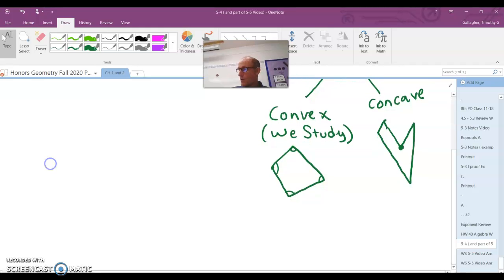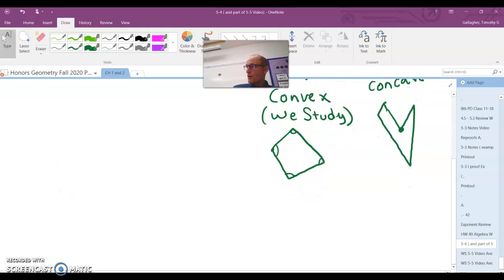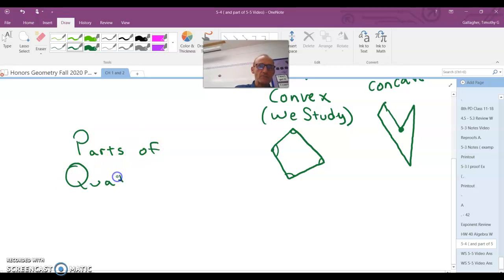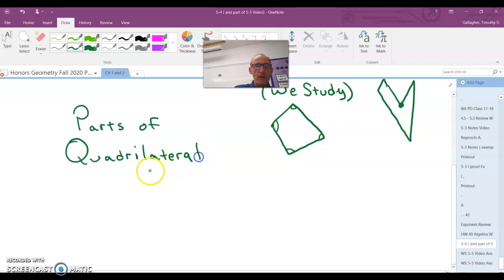Now, there are several parts of a quadrilateral. After we look at the parts of the quadrilateral, we will then talk about the first quadrilateral, which is a parallelogram. So anyway, we'll take a look at the quadrilateral here.